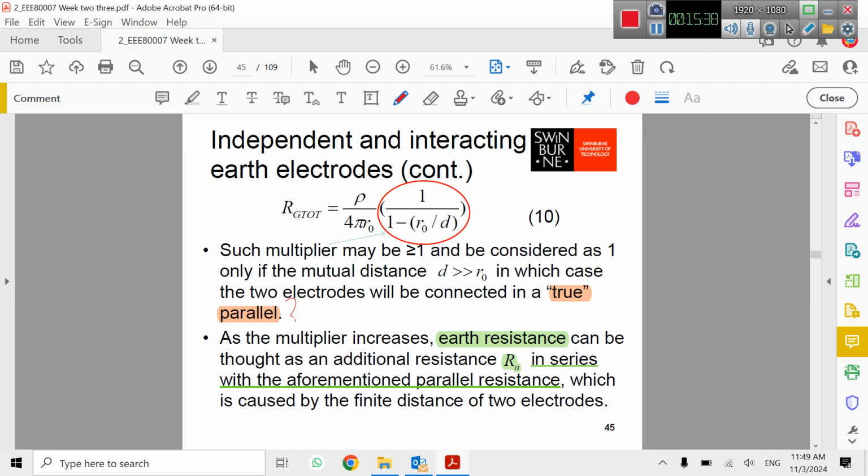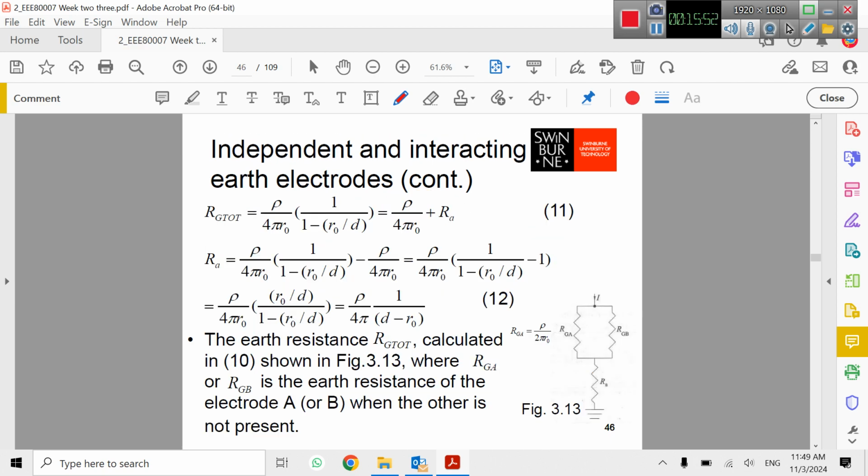thought of as an additional resistance Ra. In the case of having two electrodes connected to the ground, we can have another resistance, as you can see in this figure. We have two electrodes, electrode A and electrode B. Ra is a ground resistance, a real ground resistance for that area.